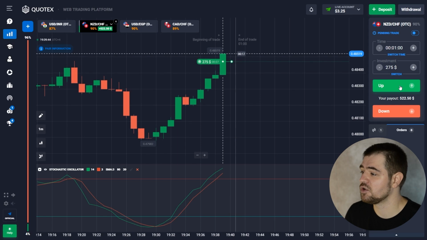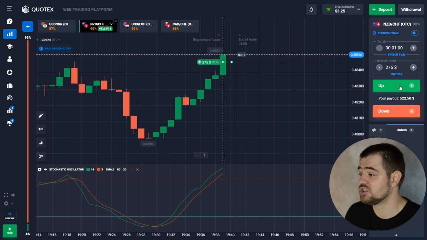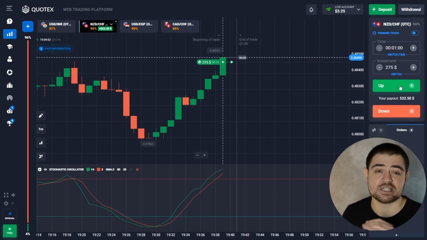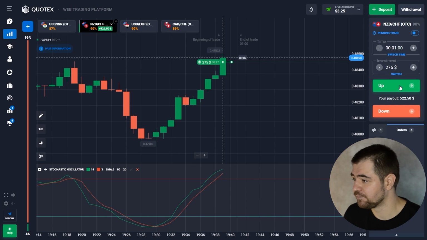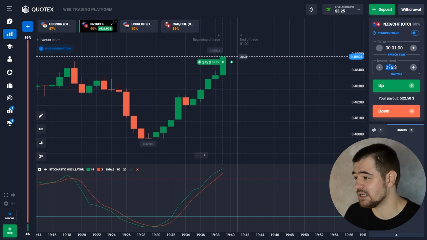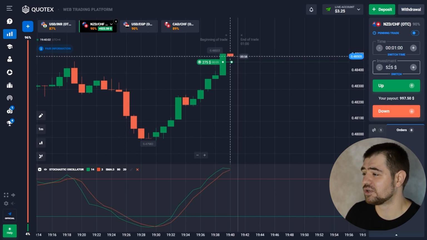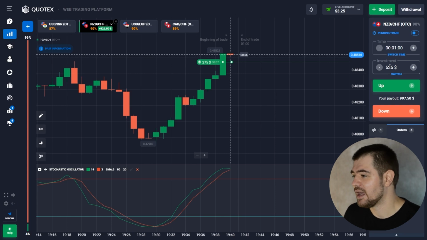So if you see, there was only one small pullback in the form of one red candle, but the rest of it is pretty bullish. So I see a nice bullish trend. And it enters now. I'm pretty sure about the result here.